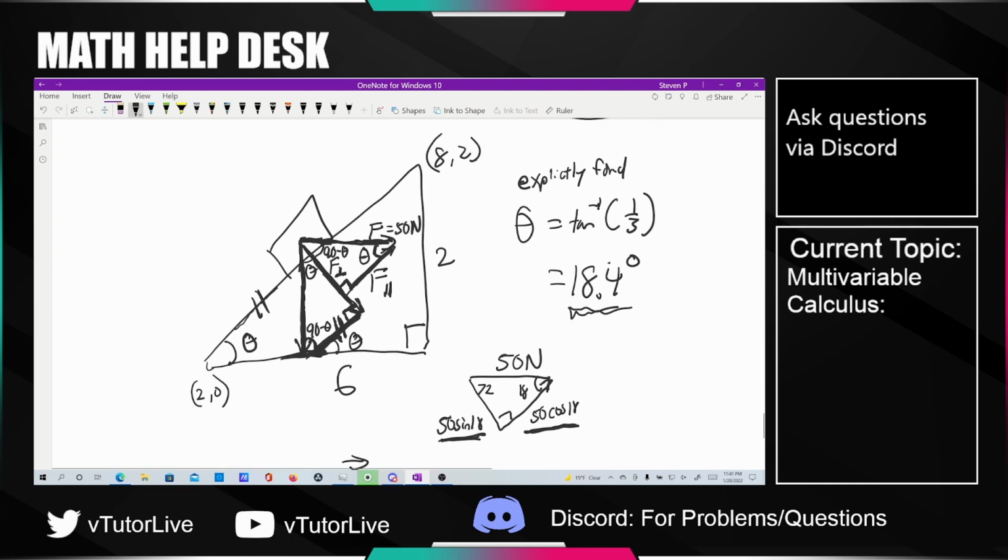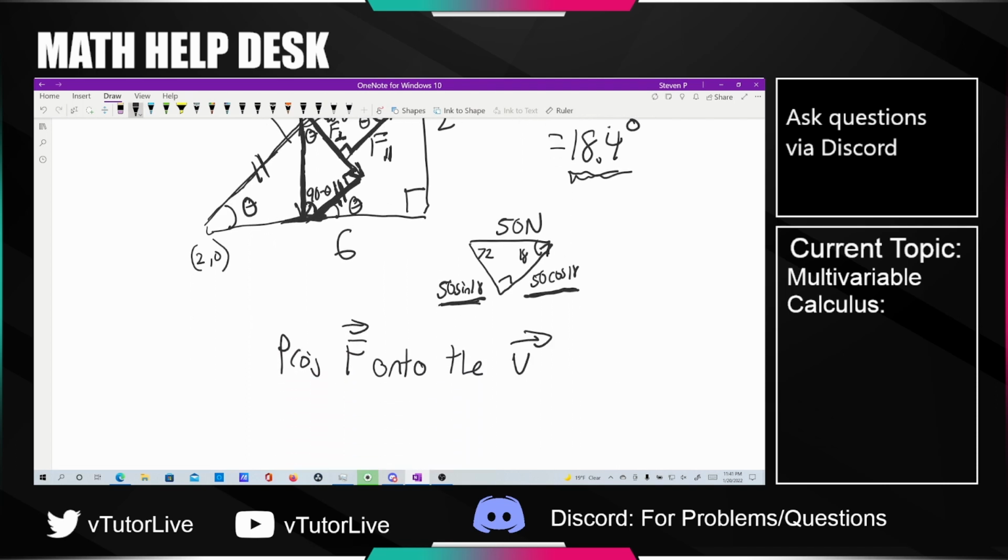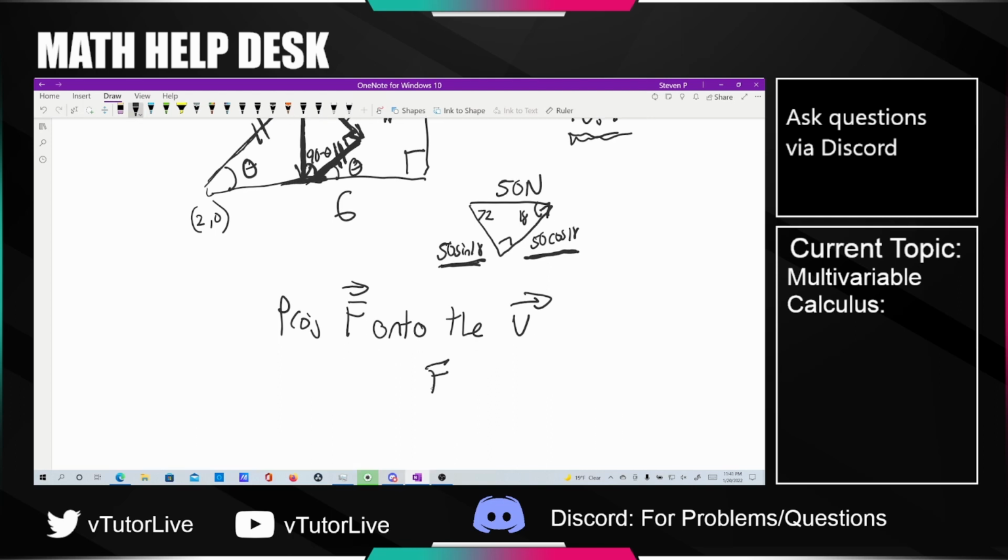Maybe V. So the parallel vector is V. If we project it onto the vector V, this just becomes F dot V over, I'm going off the formula off the top of my head, but it should look something like this. So force parallel is equal to this. I guess that's a simpler way to do it. Because I always did this problem in physics, my first instinct is geometry rather than vector projection. But this seems like a perfectly valid solution as well.